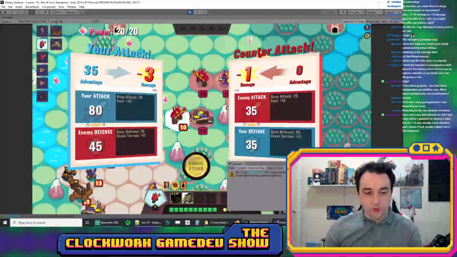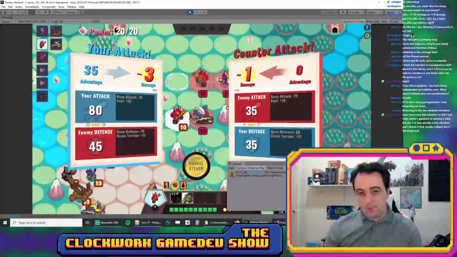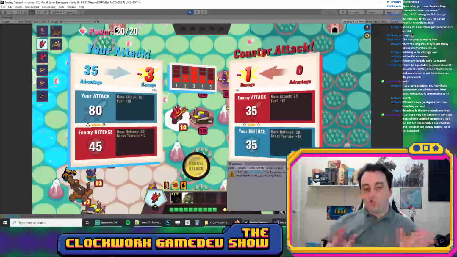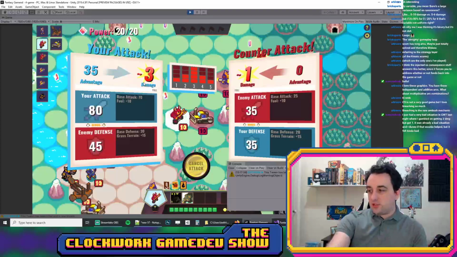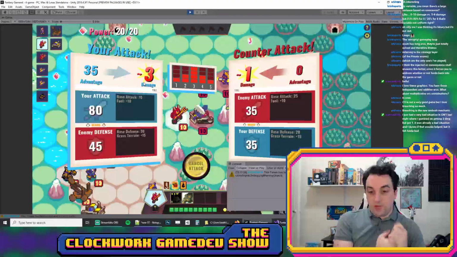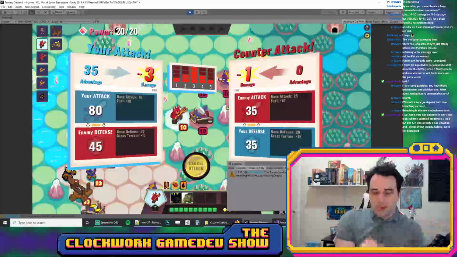Basically the way it works is you have your attack minus their defense, and you get something called the advantage, and then that determines how much damage you're going to deal. And then from there, that's given a probability. If you look at that chart there, 40% to get 3, 20% to get 2 or 4, and 10% to get 1 or 5.